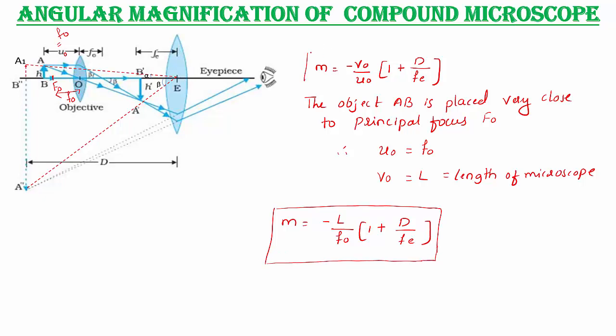Either you can write this equation, that is minus V0 divided by U0, or we can write the modified equation, that is M equal to minus L divided by F0 into 1 plus D divided by Fe. So, this is the angular magnification of compound microscope under normal adjustment.